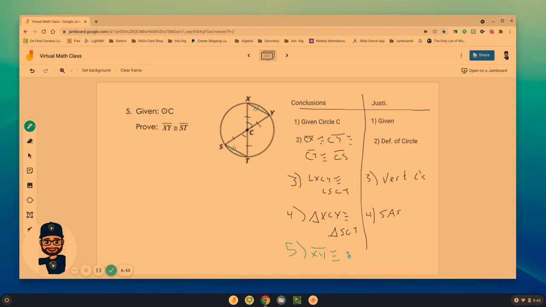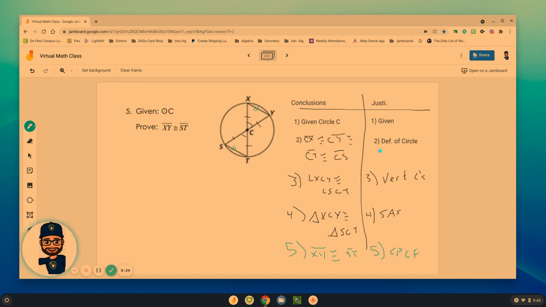If we're ever going to show that parts of a triangle are congruent, we had to say that the whole figure was congruent, which means CPCTC, corresponding parts of congruent triangles. So again, we've got to show first the triangles were congruent, and then we can say the parts are congruent by CPCTC.